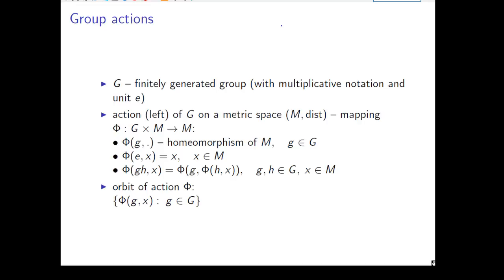The left action of a group G on a metric space is a mapping phi with this property: for any element of the group it gives me a homeomorphism. If I take the unit element, I get the identity, and the natural group property. And the orbit of a point x under this action phi is this set. It will take all images for all elements of the group.